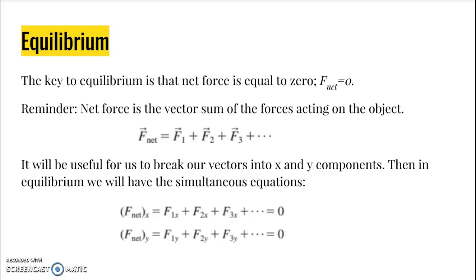It's going to be very useful to break our vectors into x and y components. If we have equilibrium, the forces in our x direction sum to zero, and the forces in our y direction also sum to zero.